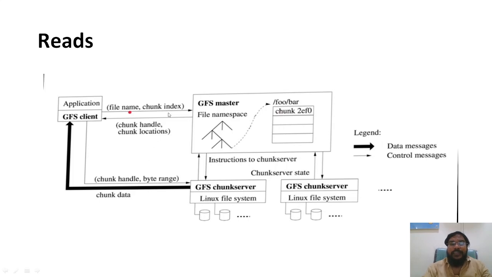If you see here, the thin lines or thin arrows represented in the diagram are all control messages. Nowhere is the data being transferred. They are all control messages exchanged between the GFS client, the GFS master and the GFS chunk server. After all the control messages are completed, the chunk data is transferred to the GFS client. That is how reads happen.